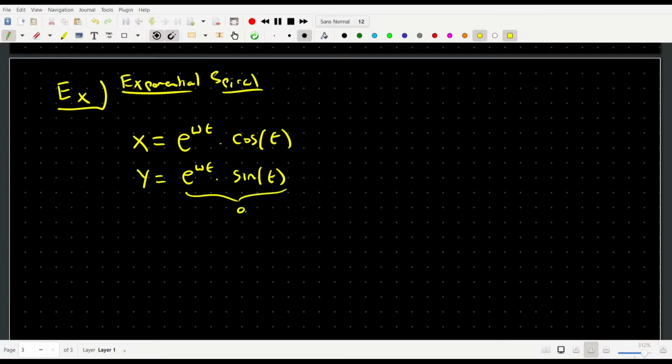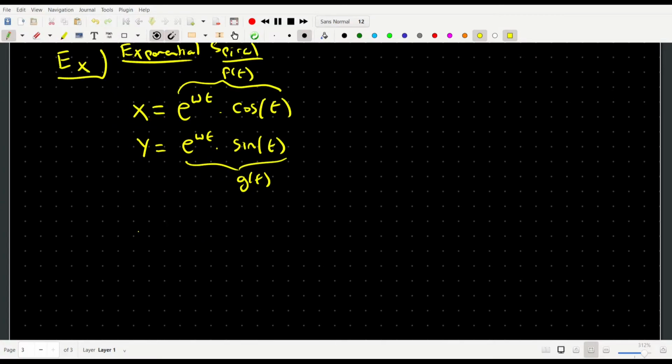So this function is our g of t, and this function is our f of t. And the nice formula that I wrote down before, dy dx will be equal to g prime of t over f prime of t, and it helps to have these values readily calculated.